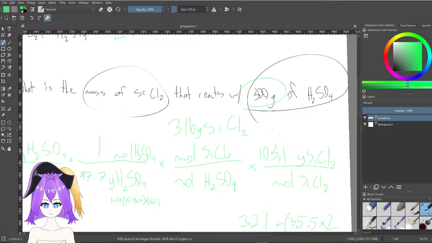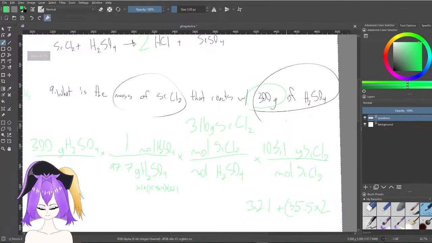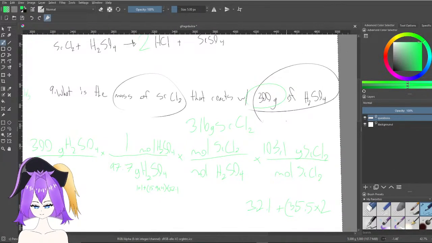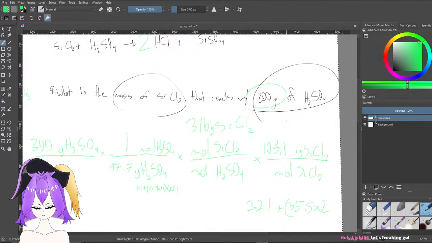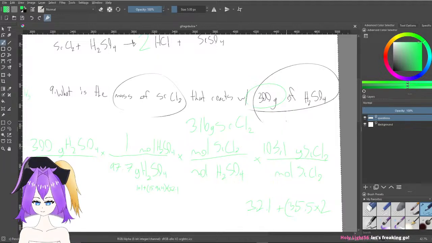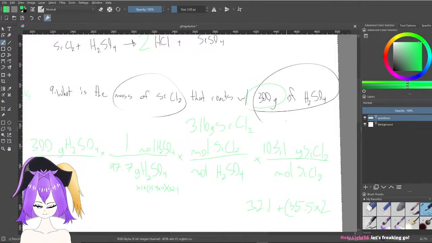So I'm just gonna record this on my packet. It's 300 grams of H2SO4 times 1 mole of H2SO4 over 97.7 grams.